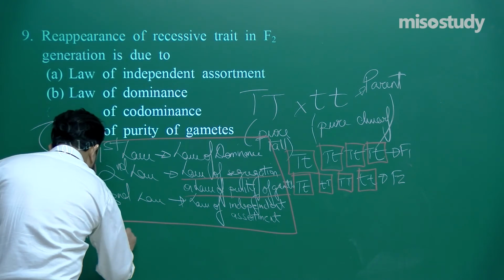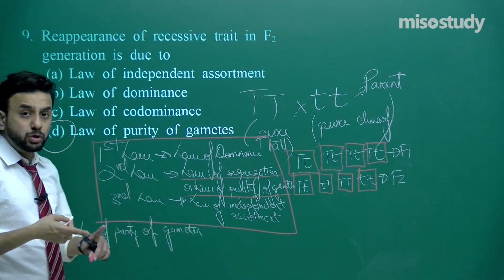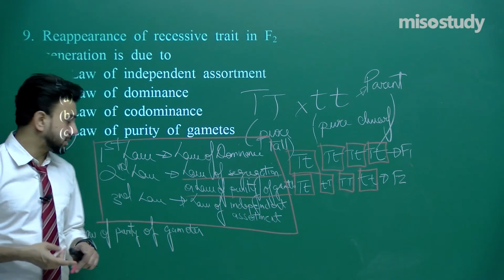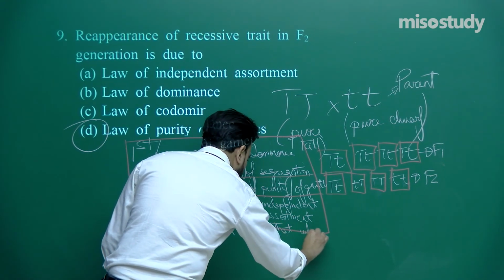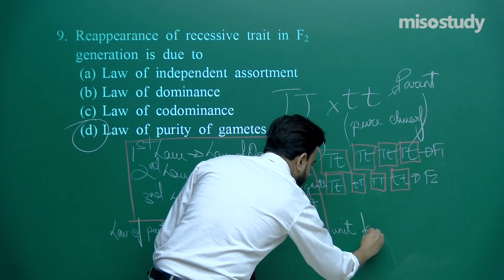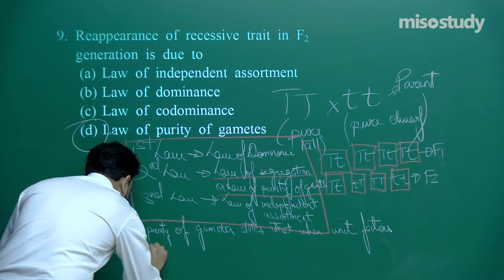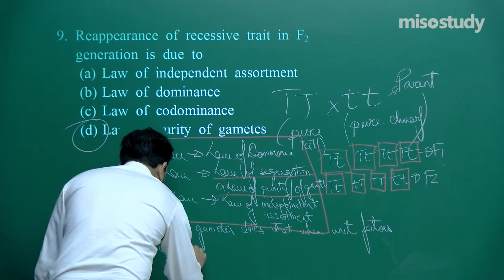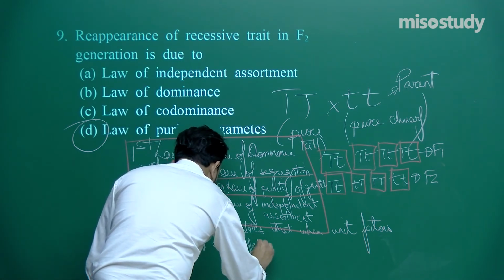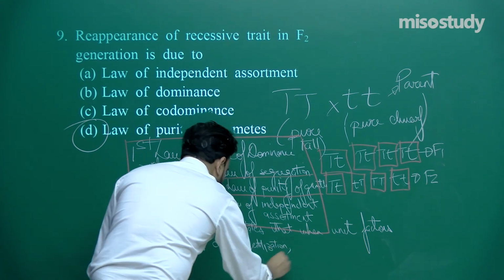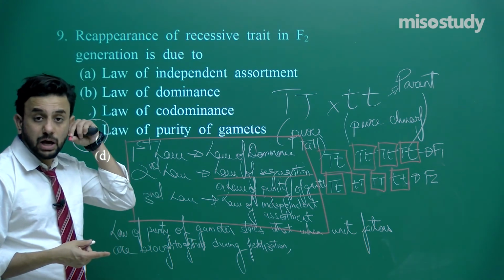The law of purity of gametes states that when unit factors are brought together at the time of fusion or fertilization of the gametes, these unit factors do not mix or blend with each other, and each carries its own significance and its own trait. This is called the law of the purity of gametes.